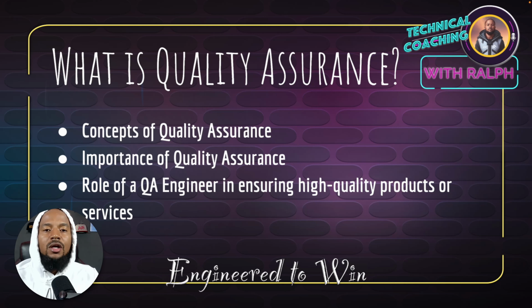So, let's start off with the concept of quality assurance. Quality assurance is validating that the application or the software, the product or the service that we are providing as a company is working as expected.